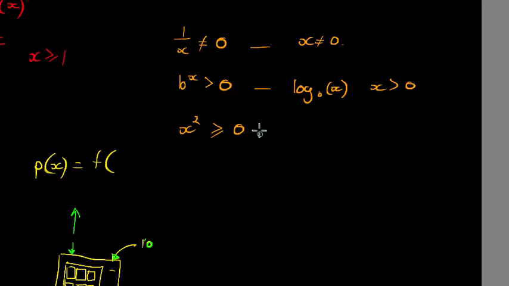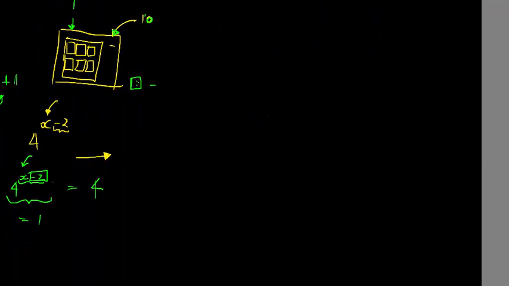You see there's a relationship between these rules. And this is where x squared must be greater than or equal to 0, and in the same way the square root of x, then x must be greater than or equal to 0. You see that? Okay, excellent. Those are the limiting factors.